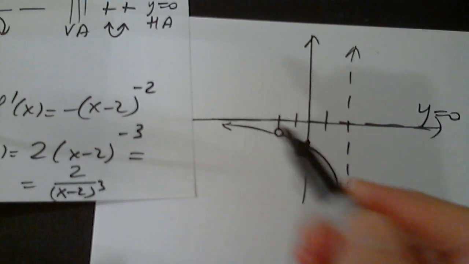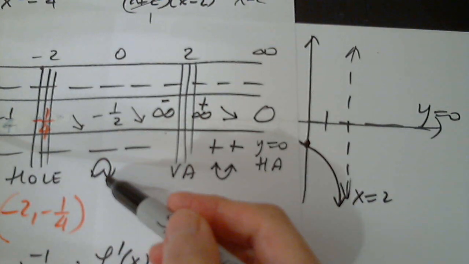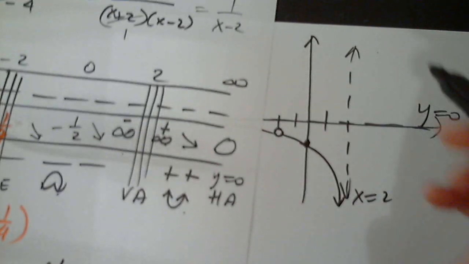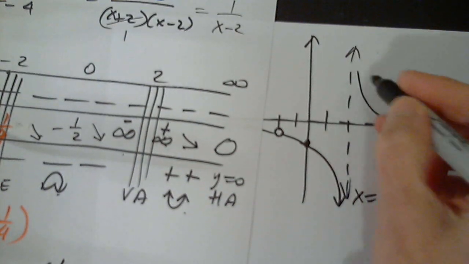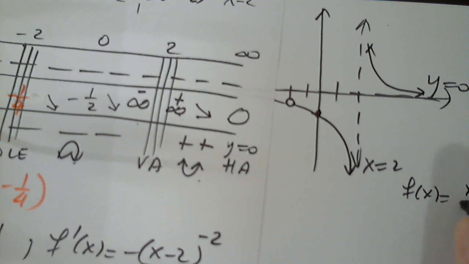Very simple. And on the other side, opening down and decreasing all the time. And then opening up and decreasing all the time from positive infinity to 0. So this was f of x equals x plus 2 over x squared minus 4.